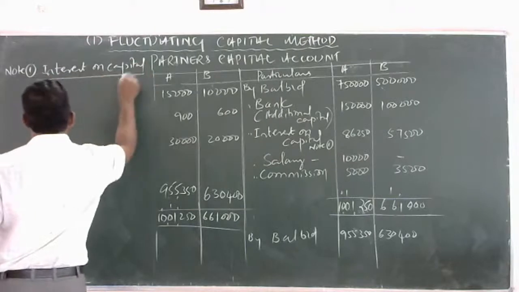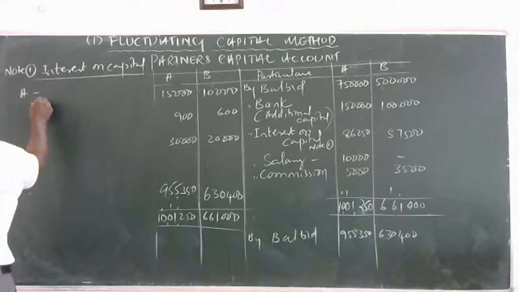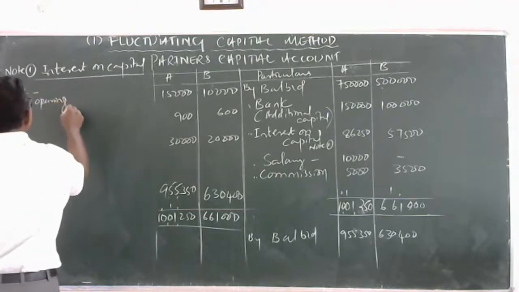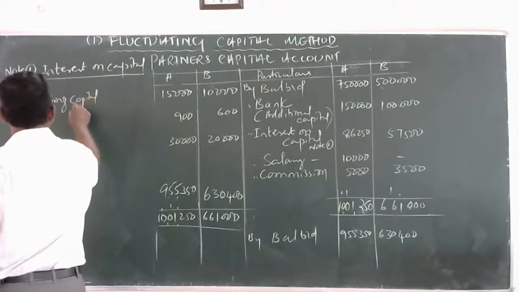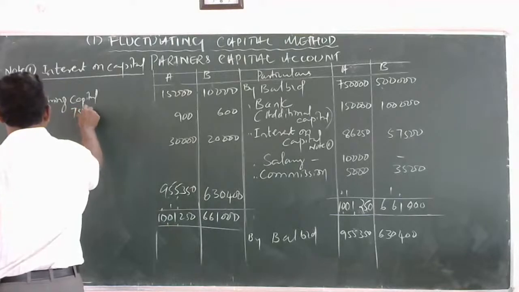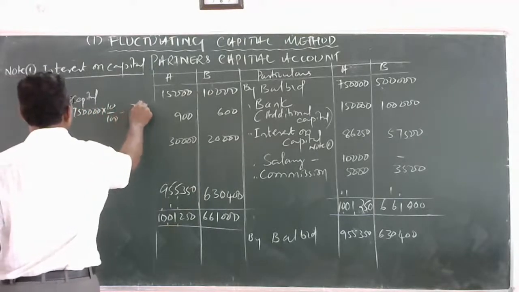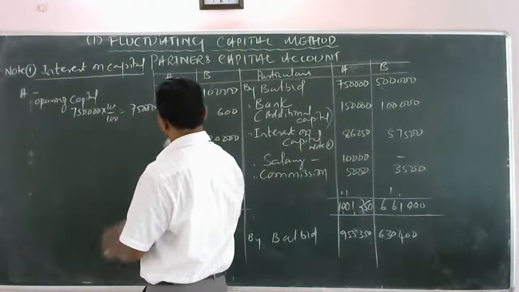Interest on capital of A. Opening capital is 7,50,000, 10%, 75,000. Right?